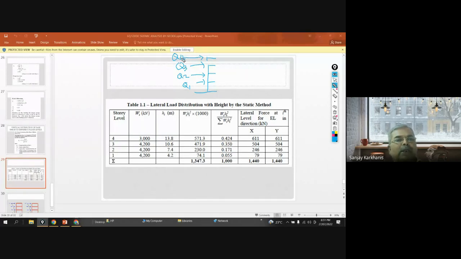Now, once you get these quantities, then you can analyze the structure for these lateral loads as if you have analyzed the structure for your gravity loads. Right?